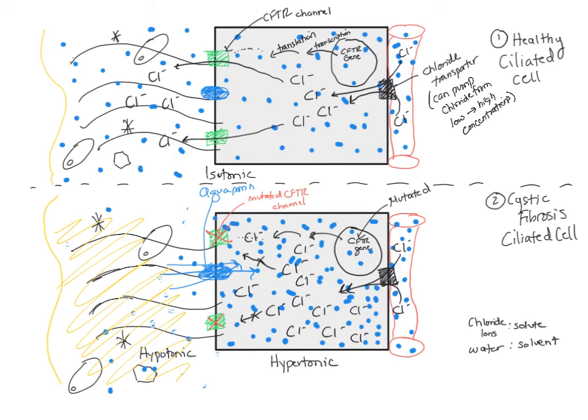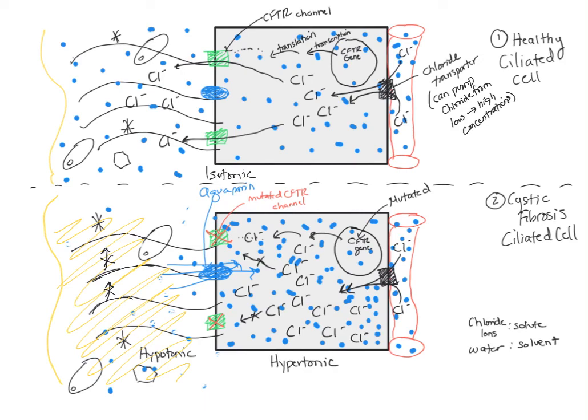such that the cilia, right, when they try to sweep the mucus, because remember their job is they need to sweep the mucus up the airway, they actually can't do it because it's so thick that they're not strong enough to be able to sweep up that mucus. And so it stays there along with everything that's caught inside of that mucus.